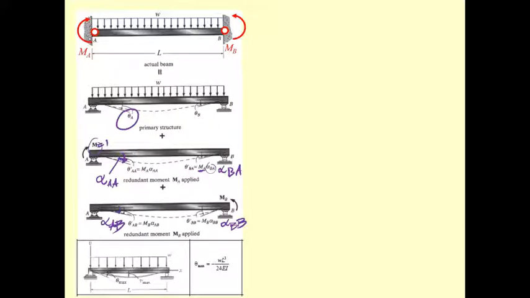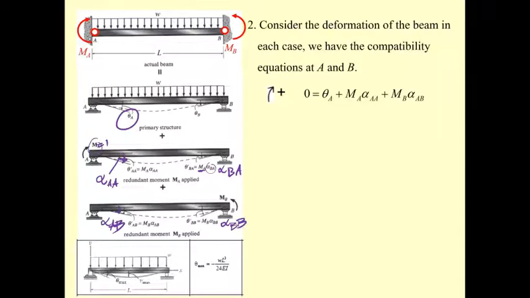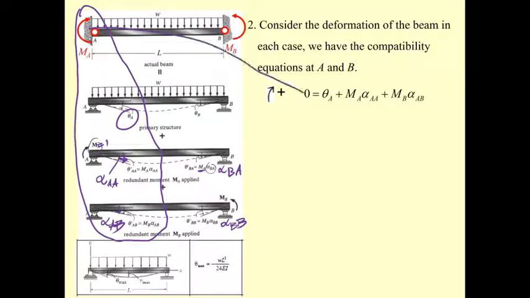Okay, so you need to be very careful on the symbols we are going to use. And then what we have here means we're going to determine all the deflections for this side. It's going to include what we have here. 0 is here, theta A is here. All of them are going to be clockwise.